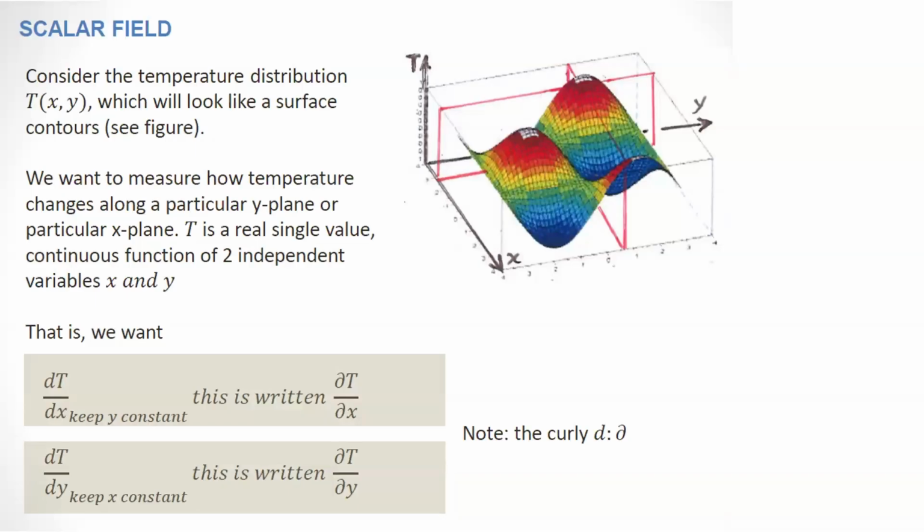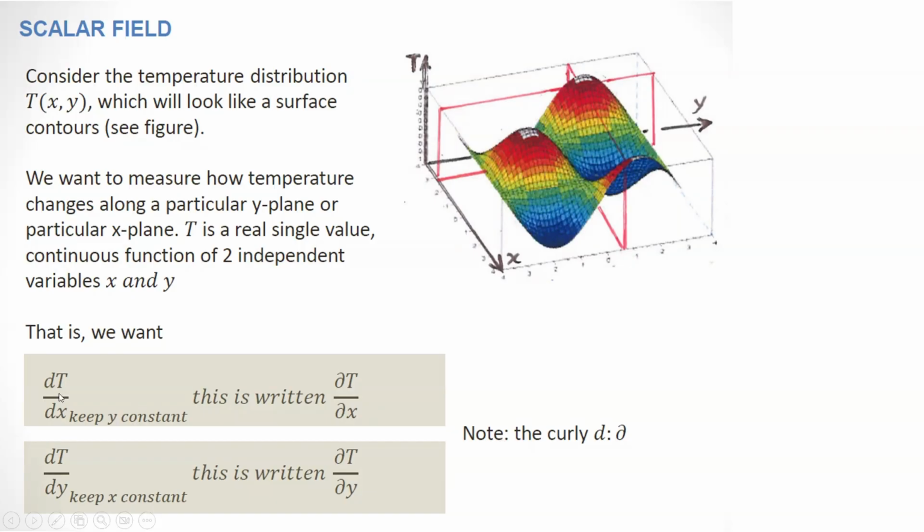So if we take a deeper look at a scalar field, which will look like surface contours, and we want to measure how temperature changes for two different planes, as T is a real single value, we write it as ∂T/∂x.